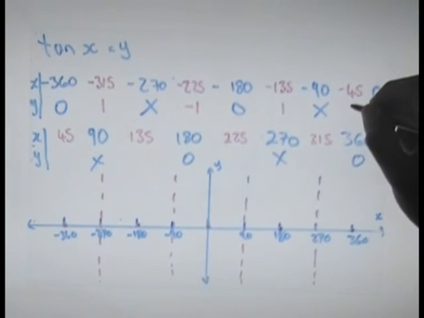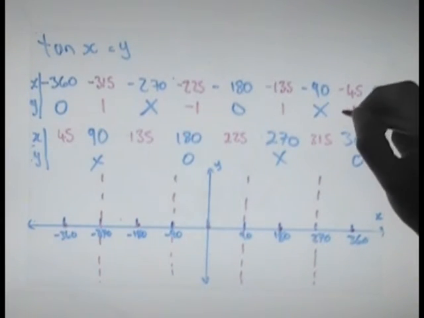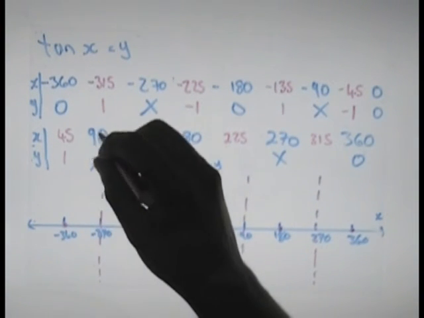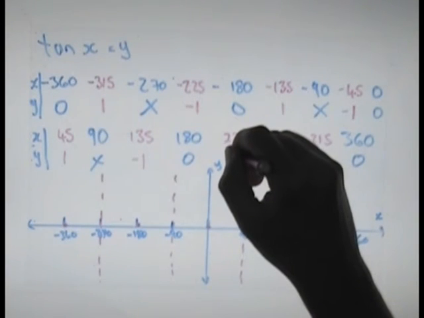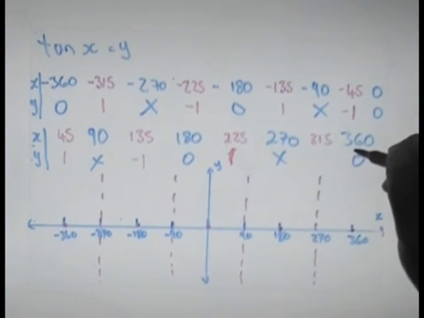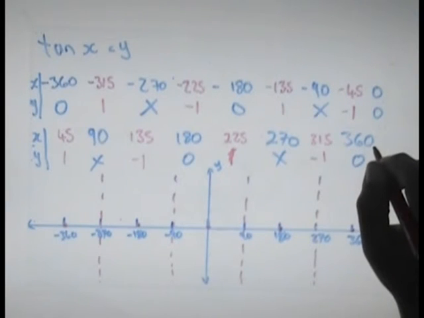Tan of negative 45 is going to give me negative 1. Tan of 45 is going to give me positive 1. Tan of 135 is negative 1. Tan of 225 is going to give me 1, and tan of 315 is negative 1.